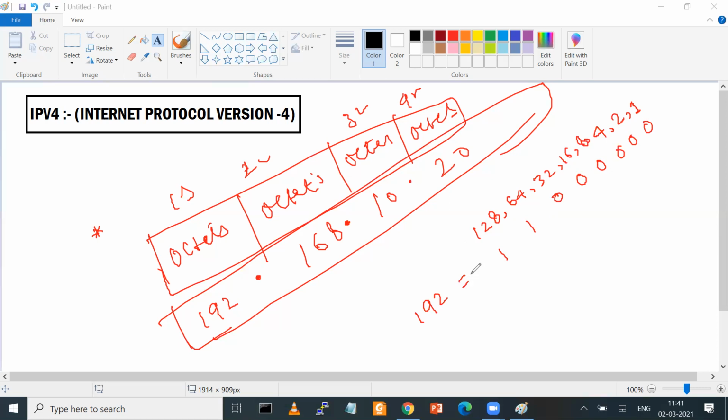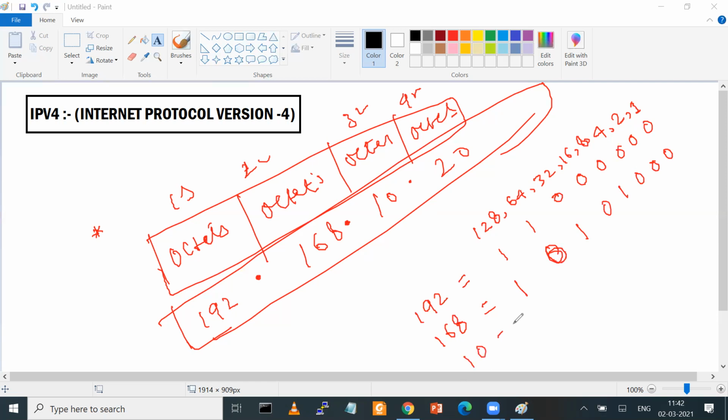Okay, correct? Now 168. Let's say you want to make 168. For 168 there should be 128 and 32. 128 plus 32 is 160, plus 8, and the rest should be 0 because that makes 168.